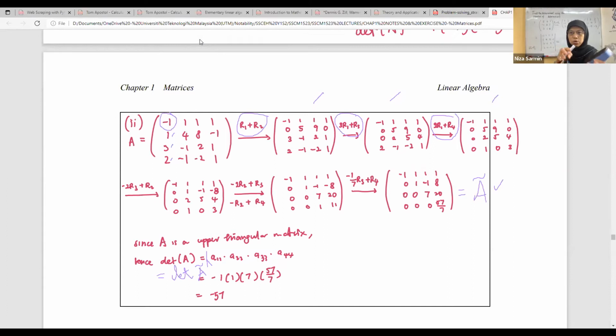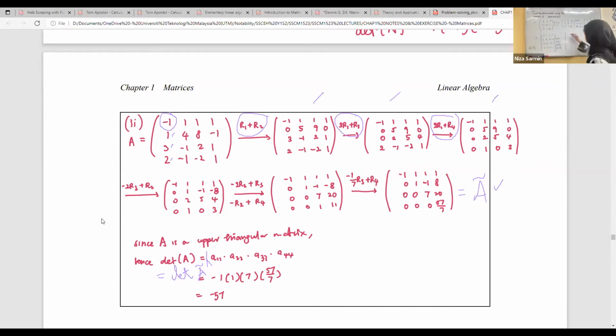The one that you do is reducing the matrix into upper triangular. But the one I do is by just equal determinant. So this is equal. So I put row 1 plus row 2, 3 row 1 plus row 3, 2 row 1 plus row 4. Since they are all kRi plus Rj, the determinant is equal. Otherwise, if you change, you put negative here.